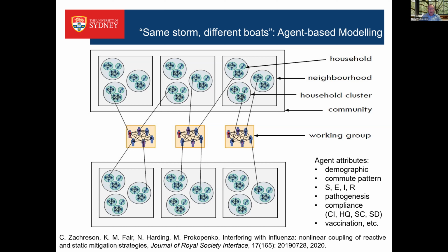The compliance levels are defined for different non-pharmaceutical interventions, different NPIs, in terms of case isolation, in terms of home quarantine, school closures, and social distancing. And another set of attributes for each agent is the vaccination.